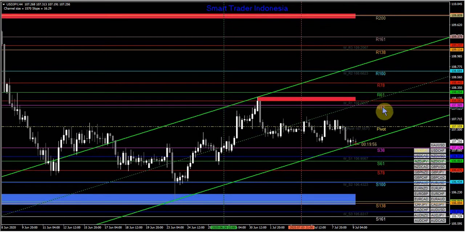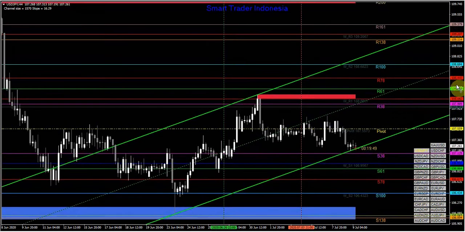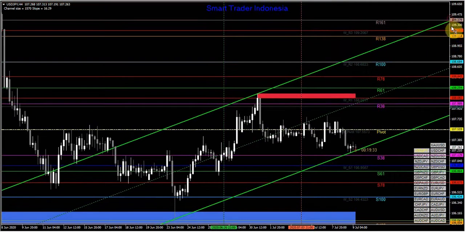I don't like to sell here, because if I sell here, the price will retest this weekly pivot point and bounce back again. So if I sell here, I will take my profit here. The way I trade this system that I've come up with, at each and every level I'll be looking to take my profit.